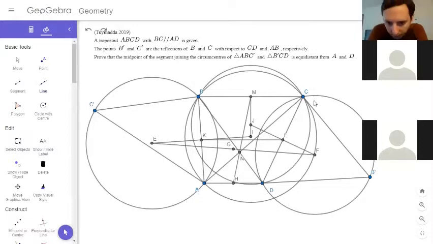So since BC... I kind of like that approach, but I'm just trying to figure out how it would work.